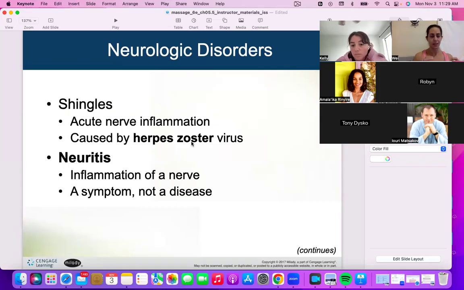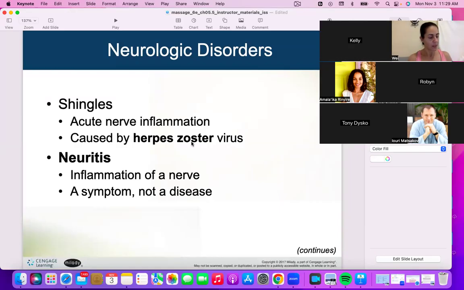That means it's going to have remission at some point, but it's like a band of pain around the torso. It comes with rashes, blisters. It's terrible. It feels very hot too. All inflammation will feel hot in your body. Now, what causes shingles is exposure to the chickenpox virus and the herpes.